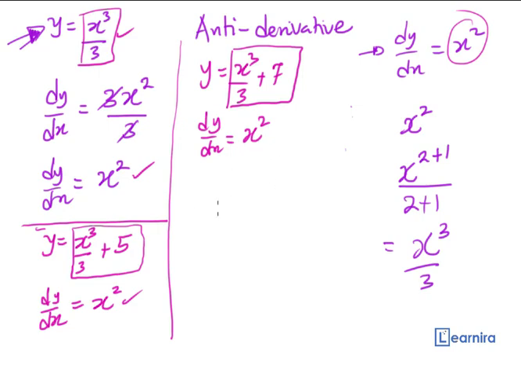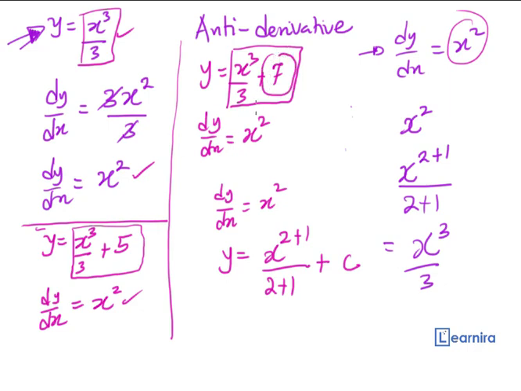So let's say we have this derivative dy over dx is equal to x squared, and you're asked to find the antiderivative. That means you say y is equal to add 1 to the power, divide by the power, 2 plus 1, and because you don't know what the arbitrary constant is, you just add c to represent it. In the earlier example, 5 is the arbitrary constant, 7 is the arbitrary constant, and 0 is the arbitrary constant for that antiderivative.